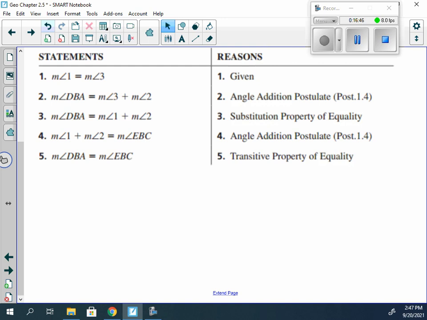Two statements where we have a commonality of the measure of angle 1 plus the measure of angle 2, which means those other two angles must be equal according to the transitive property of equality. That's it. That's all we have to do. That's the proof. That's the entire proof. Questions on this here? Okay. Be ready for the next one.